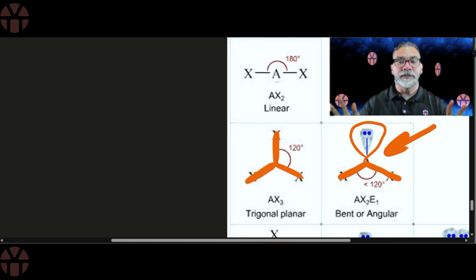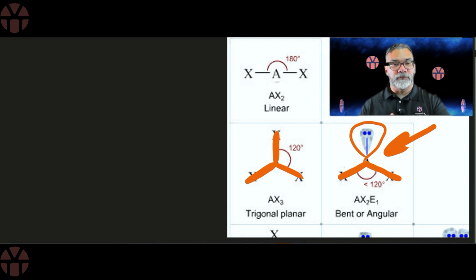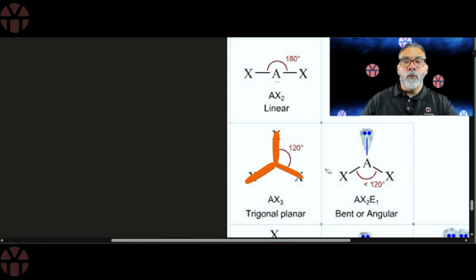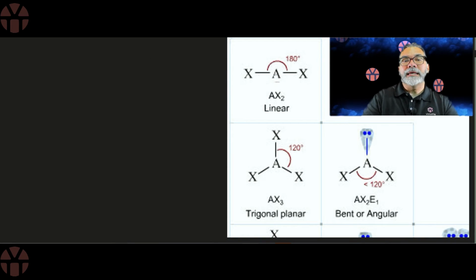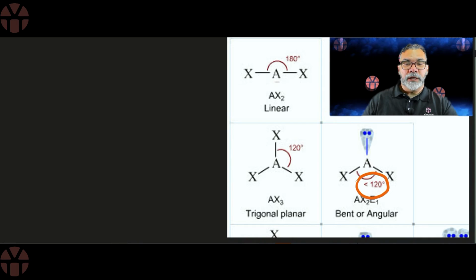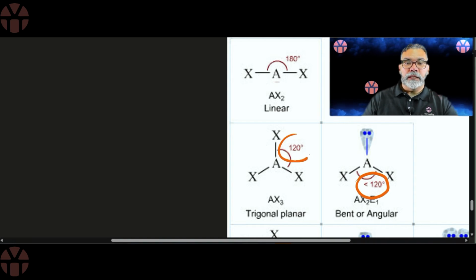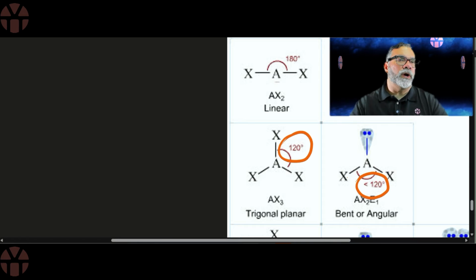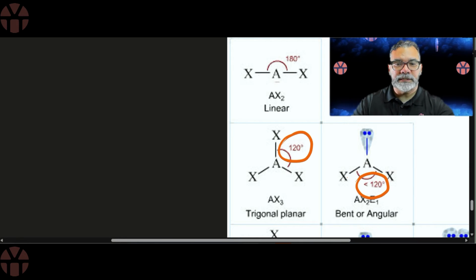We're not going to deal with it in this episode; we're going to see it further down the line. But you should notice that when you have lone pairs, this angle gets pinched. If typically the angle should be 120, when lone pairs are present we now see it at less than 120, maybe 118, 117, etc.